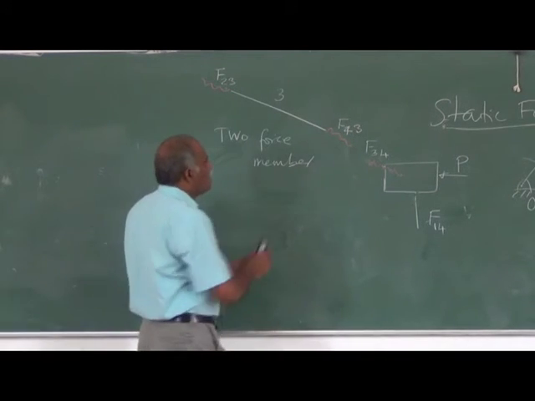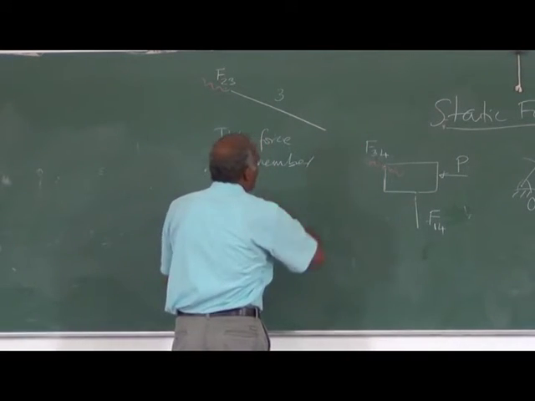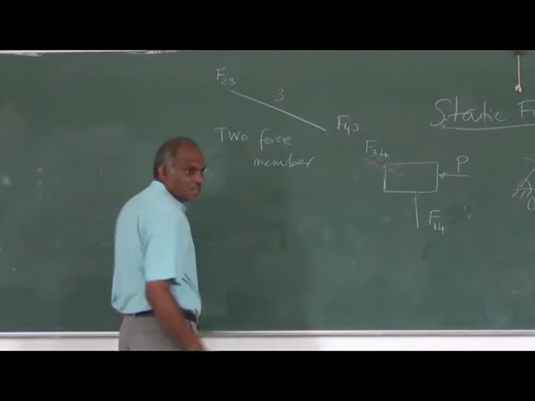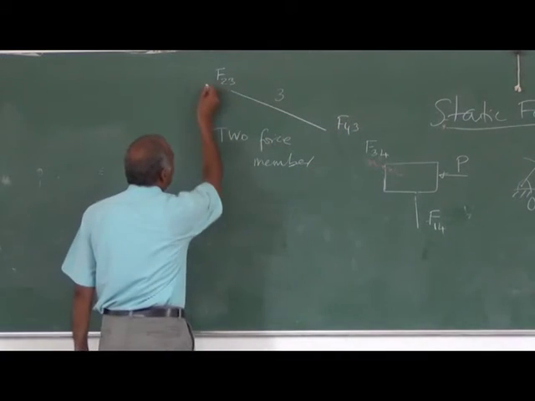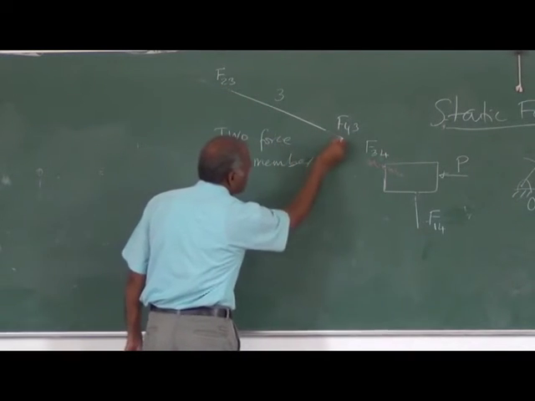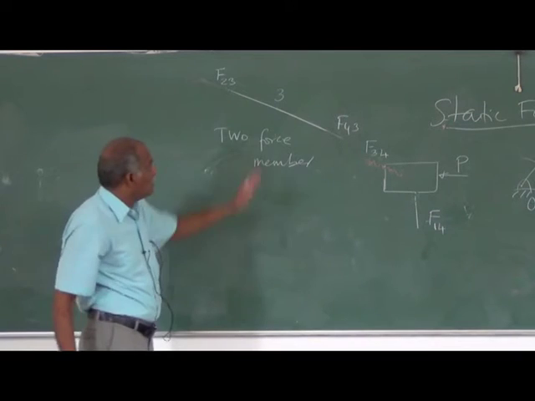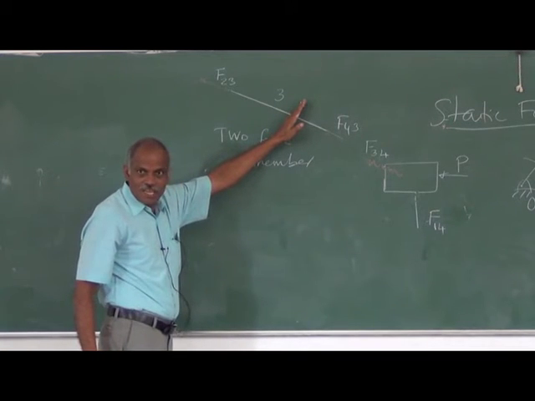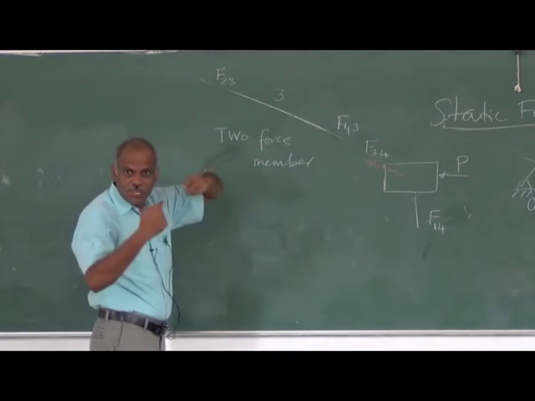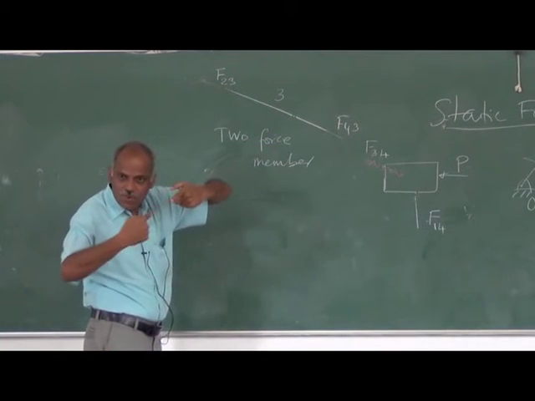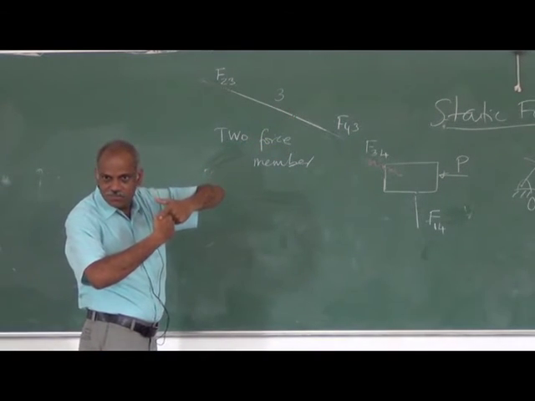Okay? So collinear in action means that the forces F43 and F23 must be along this direction; through the centers they must pass, because if I break the link somewhere here and try to get the equation, you will see the forces are being transmitted through that.